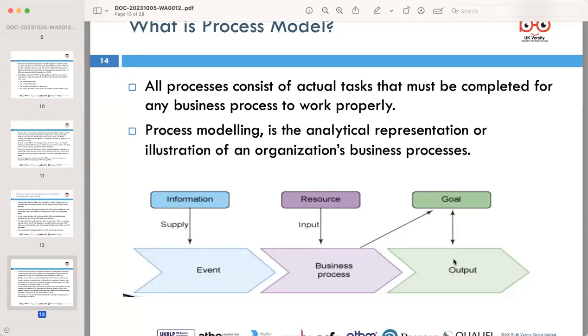Basically, process modeling involves mapping out the sequence of activities, information flow, events, resource input, and goals to gain a comprehensive understanding of how a business operates. It allows organizations to visualize their operation, identify bottlenecks, optimize workflow, and improve efficiency in pursuit of their objectives.